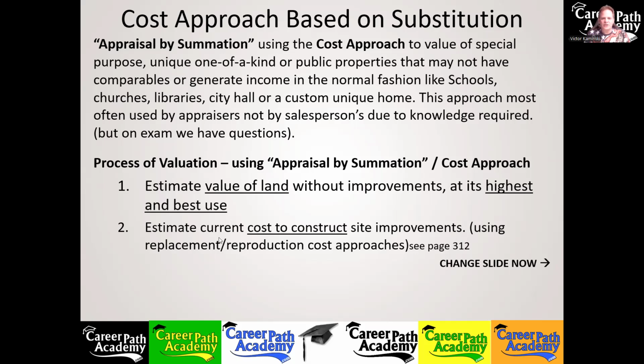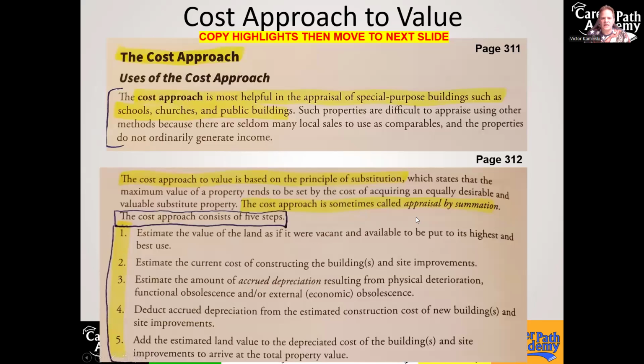Then you estimate the current cost to construct all the site improvements using replacement or reproduction cost approaches. What is replacement and reproduction cost? Well, let's first do these highlights here, and then we'll get to all of that.